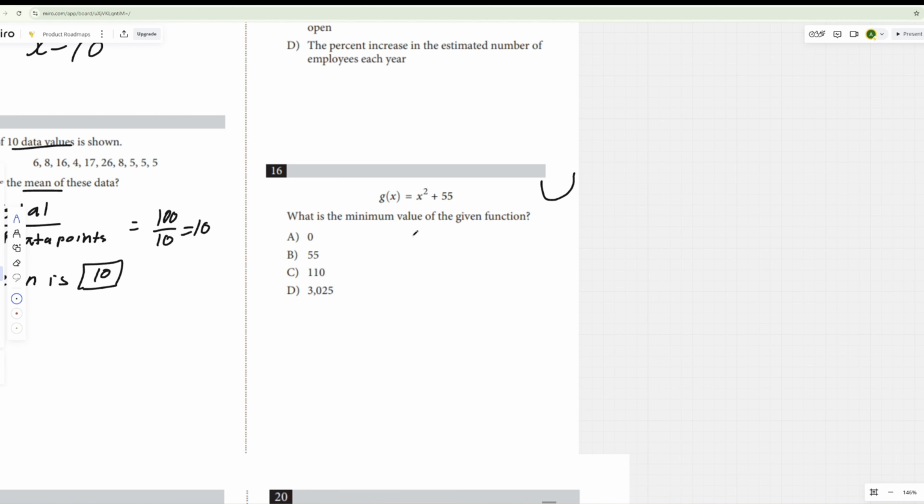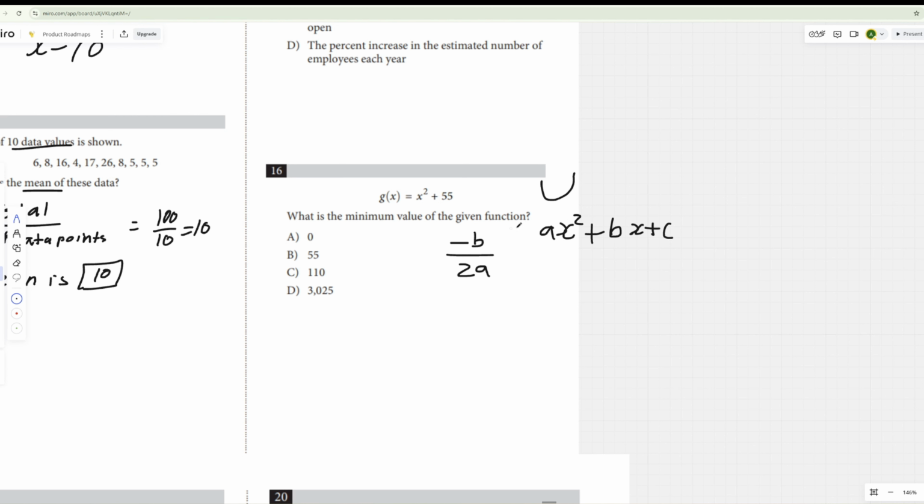So the equation for a vertex is going to be really, really helpful. You can either graph it on Desmos, but let's say you just want to know how to do it on paper. Then the x value of the vertex is going to be negative b over 2a. What is b? Well, ax squared plus bx plus c, right? The form of a parabola. B in this case is 0.